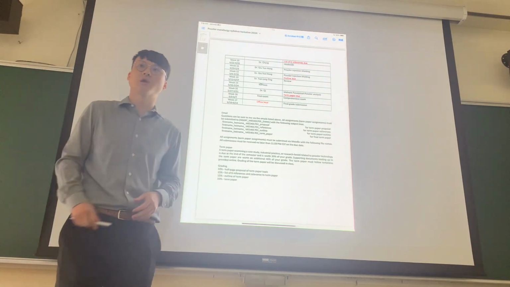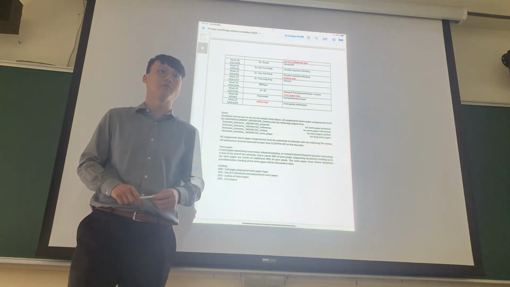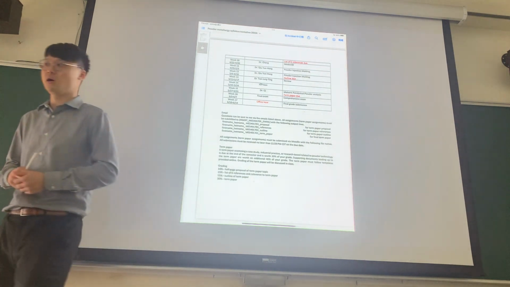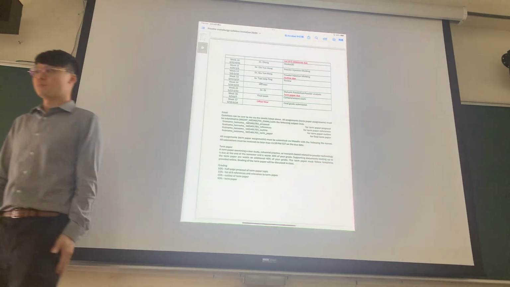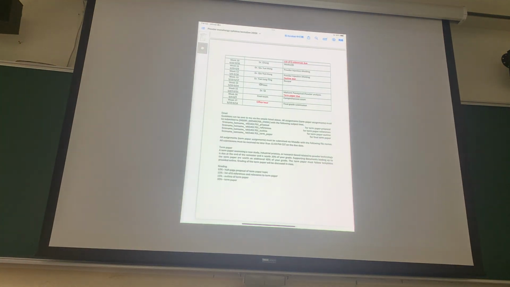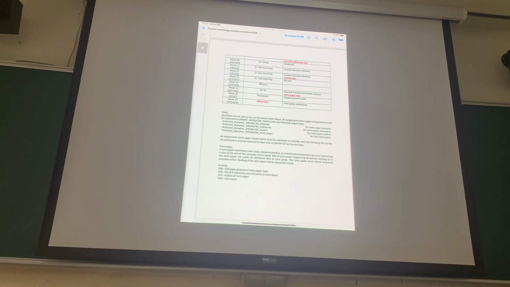The remaining comprehensive exam takes about 30% of the total grade. Make sure you follow all these guidelines. Any other questions? Good?